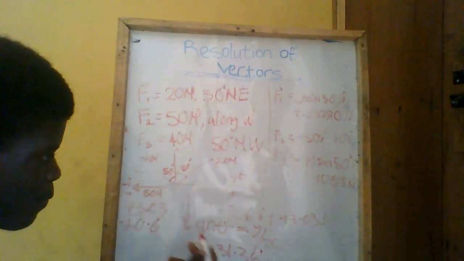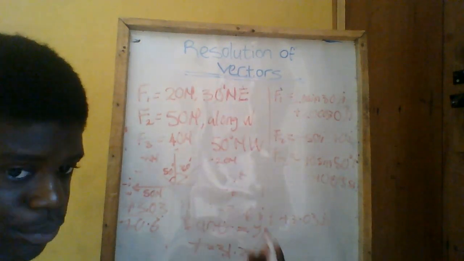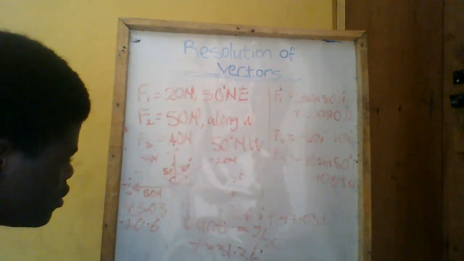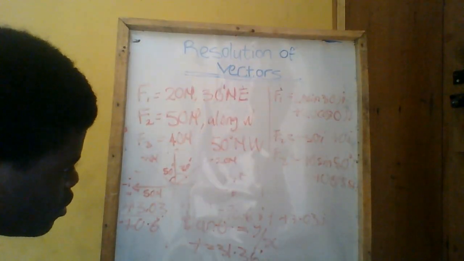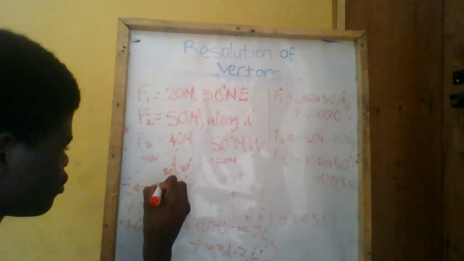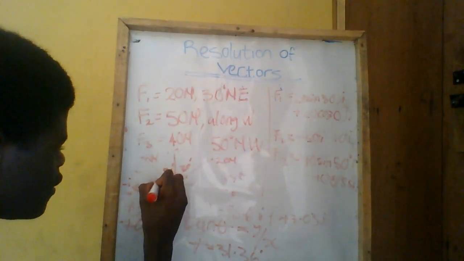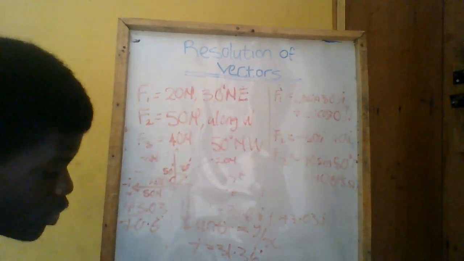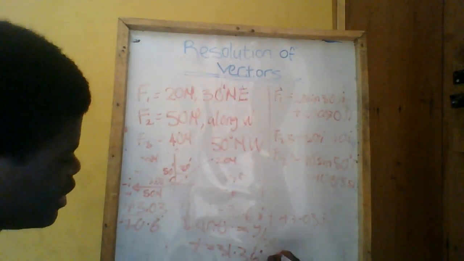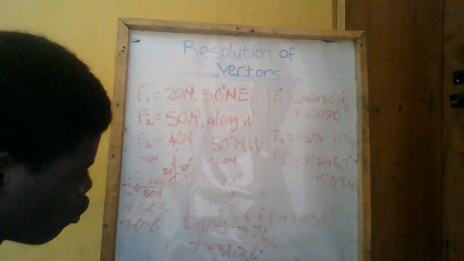And where's your j? Positive y axis. And you got 31.36, which is here. So which quadrant is it? In the second quadrant. So you write 31.36 in the second quadrant.